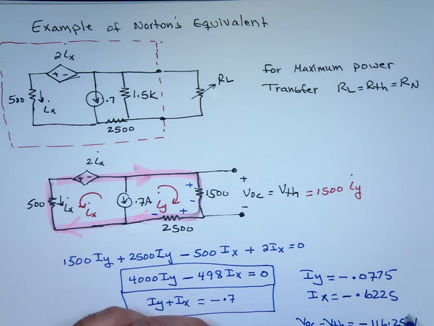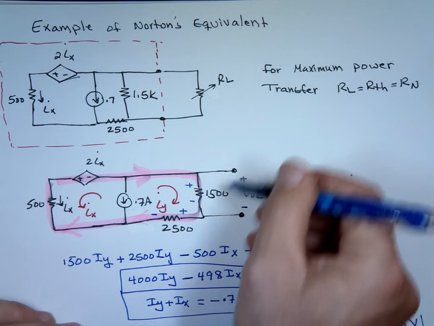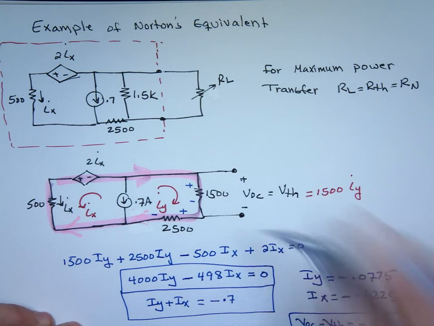So that's the first part of the problem. I define V open circuit plus on the top, minus on the bottom. It says it's negative. So when I'm looking for I short circuit, I want it down, coming down.